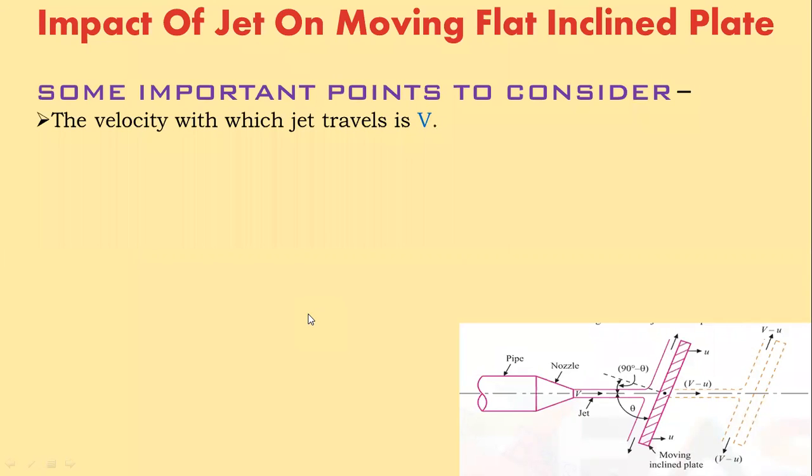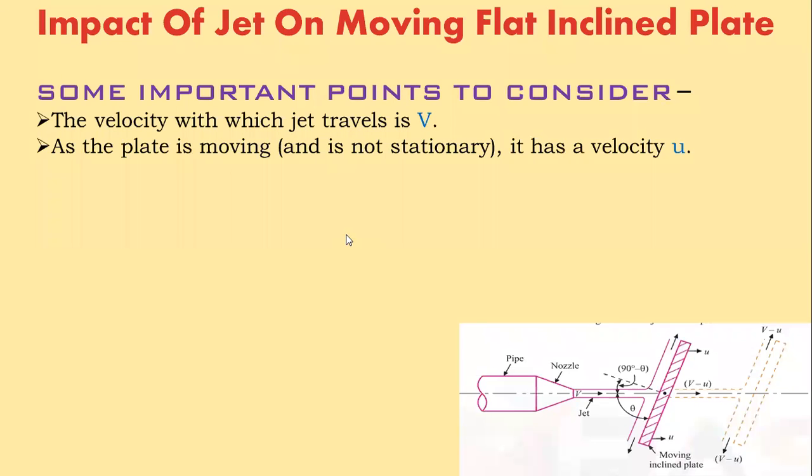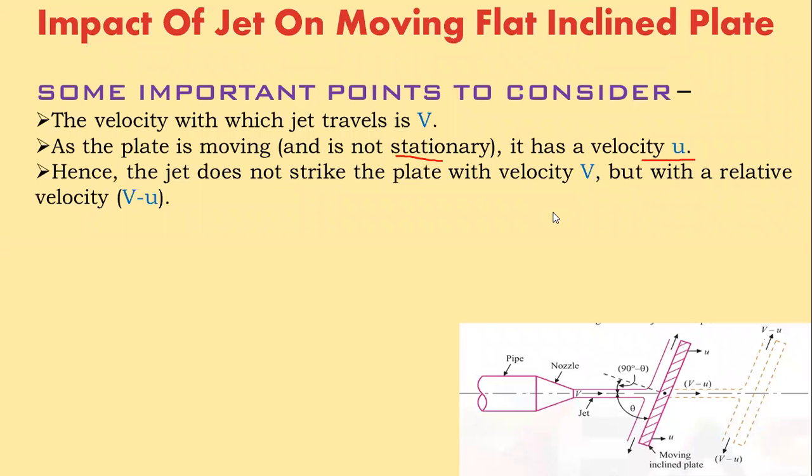Some important points to consider. The velocity with which the jet travels is capital V. Now as the plate is moving and it is not stationary, after the jet strikes the plate, the plate is going to move with a velocity u. Hence, the jet does not strike the plate with the absolute velocity capital V, but with a relative velocity V minus u.